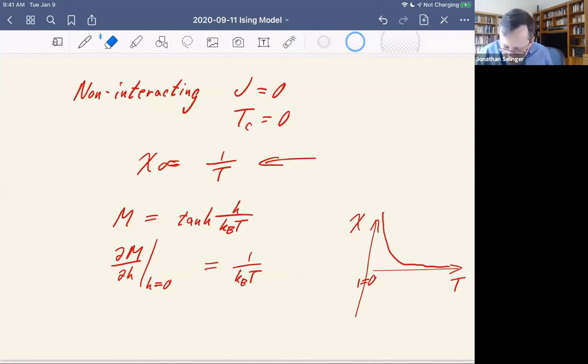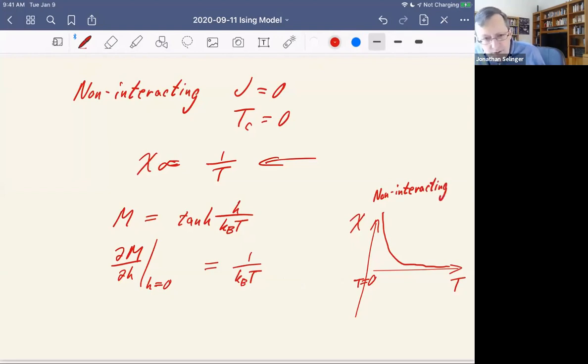So if this is absolute 0 Kelvin, then the non-interacting model has a susceptibility that diverges at 0 Kelvin. By comparison, the model with interactions has a susceptibility like this that diverges at TC.